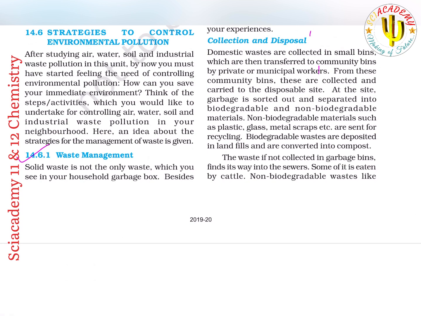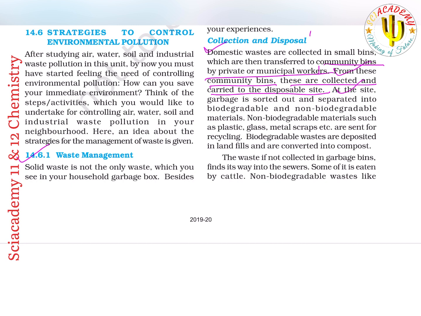Collection and disposal. Domestic wastes are collected in small bins which are then transferred to community bins by private or municipal workers. From these community bins, these are collected and carried to the disposal site.